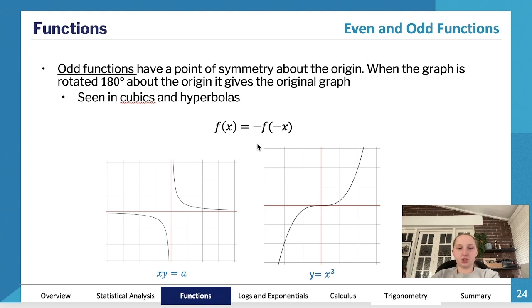So that negative f just means the whole function is negative, and then the negative x says that the x within our function is also going to be negative. And if you can prove that f(x) is equal to -f(-x), then you've got yourself an odd function. And the only way to prove that a function is odd is to prove this.